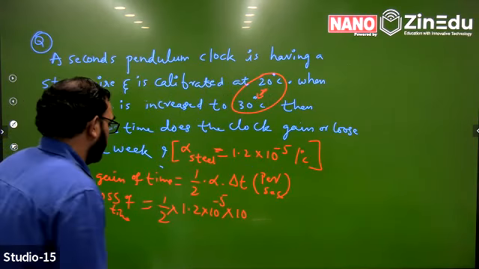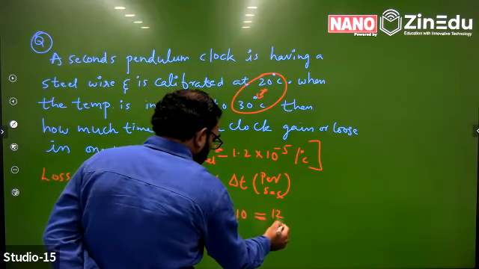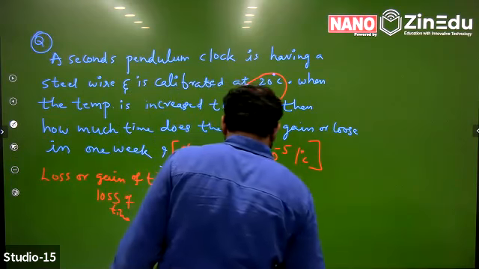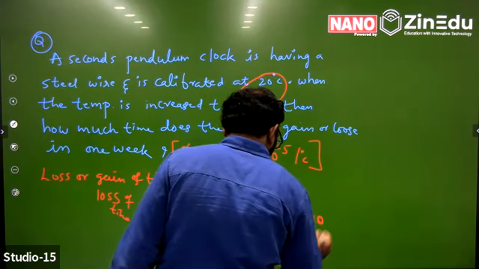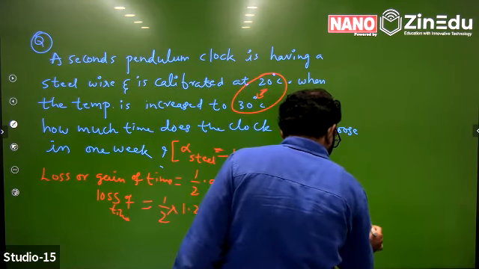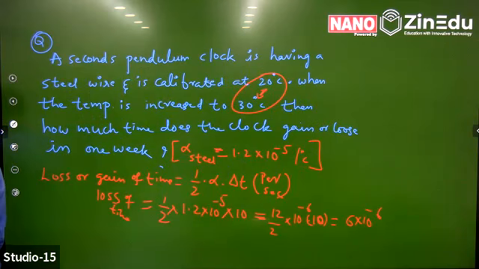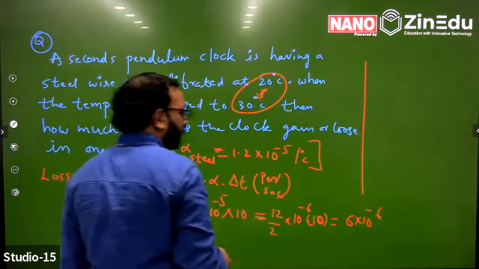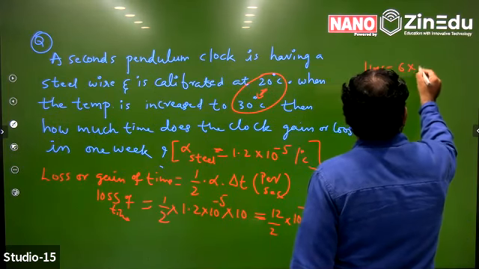Half into alpha into delta T. So we need to calculate per 1 week, this is per second. 6 into 10 power minus 6 per second.